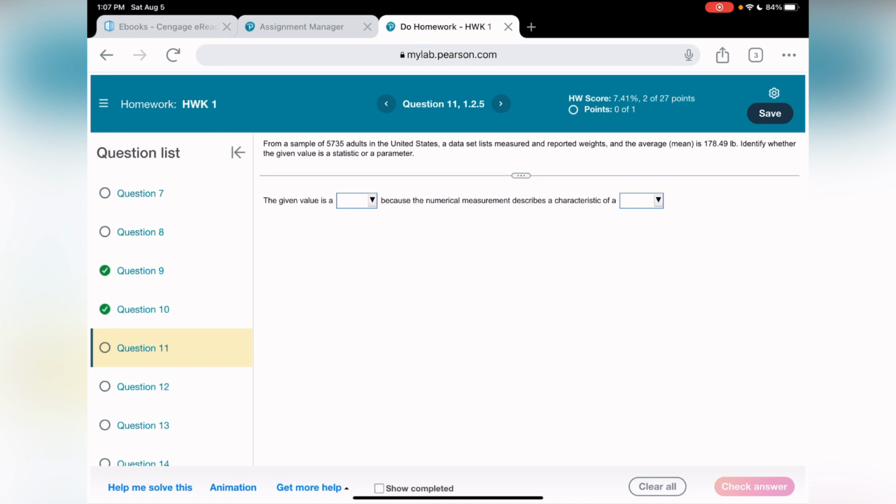I believe I explained, but if I didn't, let me go over what a parameter is and what a statistic is. A parameter is a number that describes an entire population. Just to remind you, by population we don't mean only people.